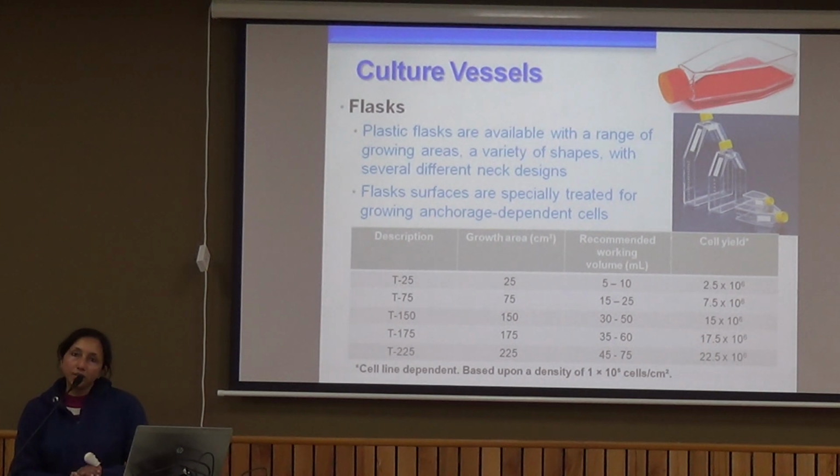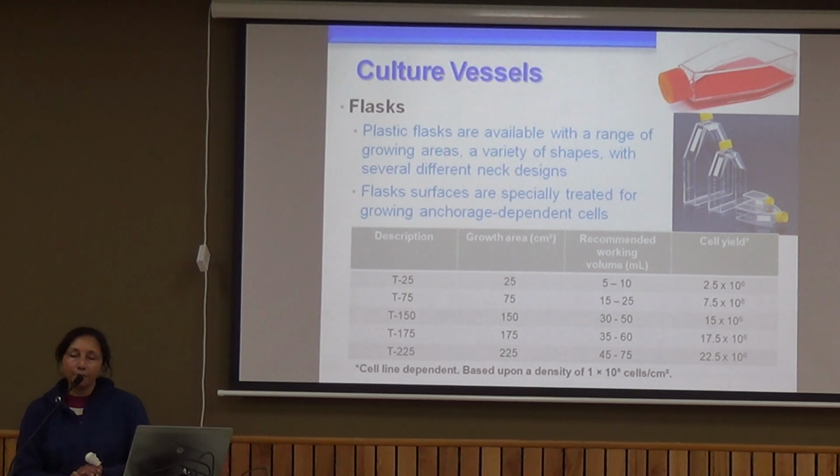So the first culture vessel which we are going to discuss here is the flask. Plastic flasks are available with a range of growing areas, a variety of shapes, and several different neck designs. As you can see here, we have a flat flask which can be laid down horizontally for the growth of mammalian cells. The flask surfaces are specially treated for growing anchorage dependent cells.